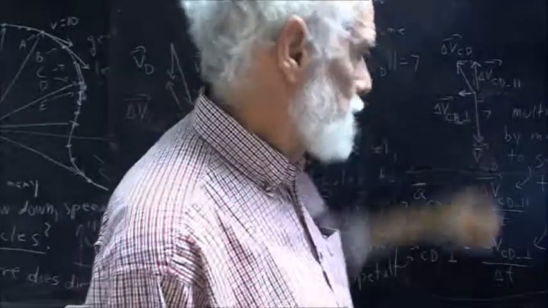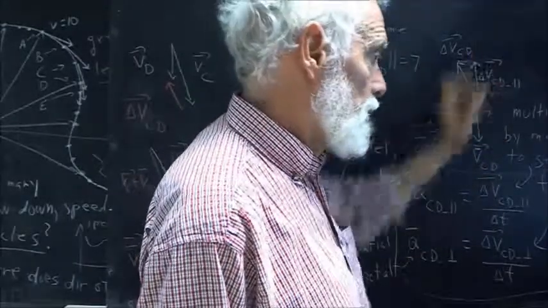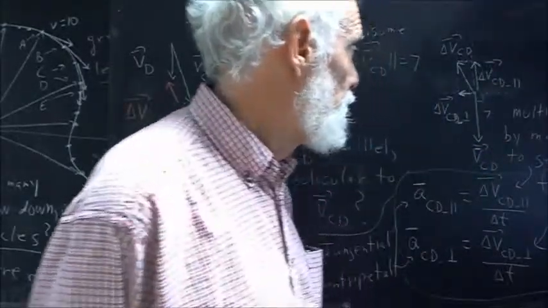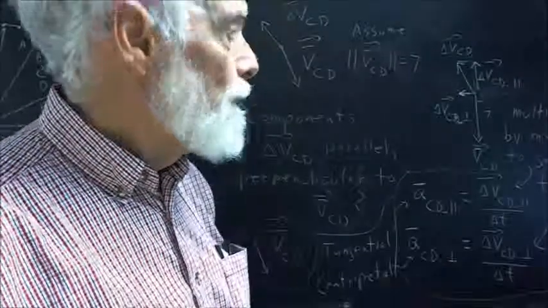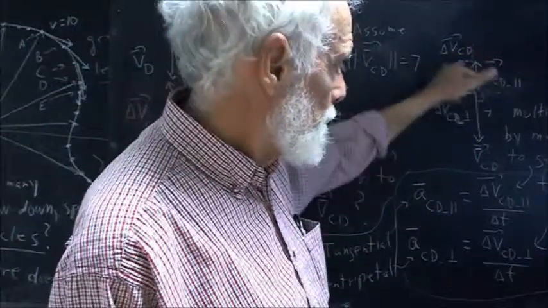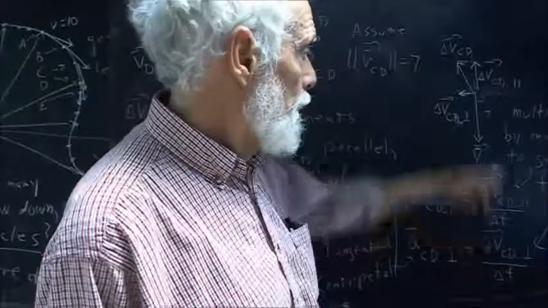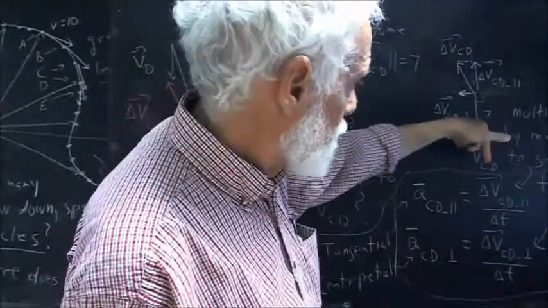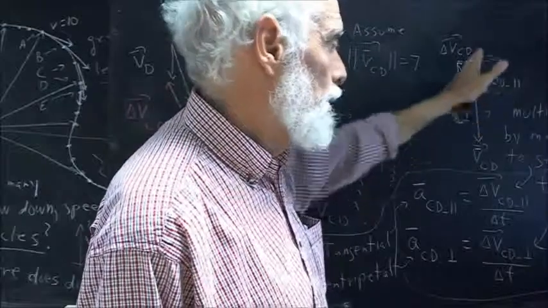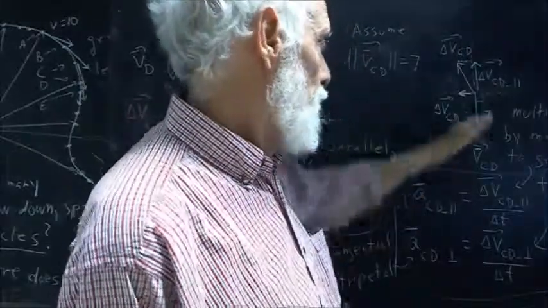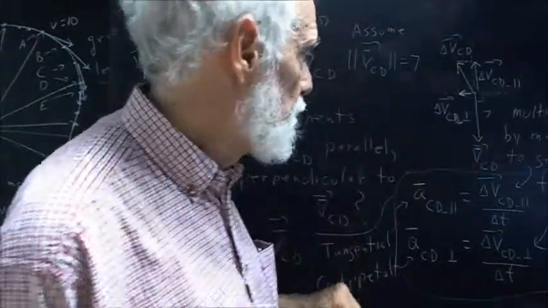This is how fast we're moving on average, and this is how much our velocity changes, so the change in velocity being opposite to our average velocity tells us that we're slowing down. The magnitude of this vector is our speed. This is the change in our speed, and it's in the direction opposite to our velocity.